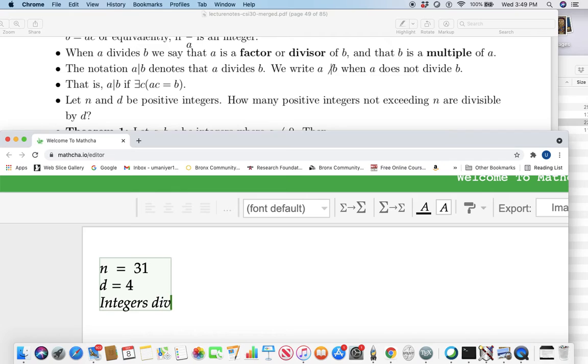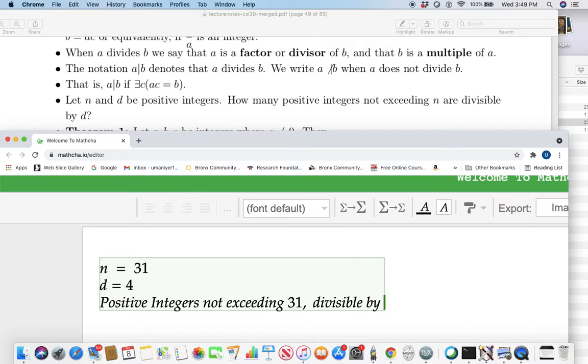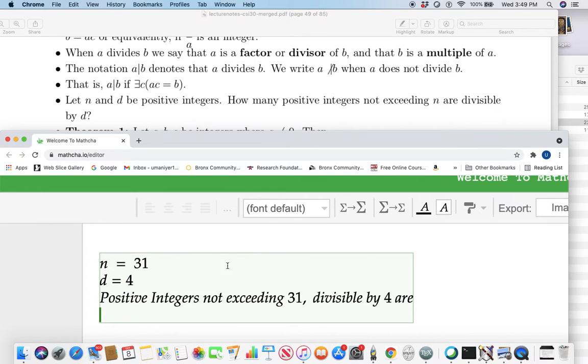Positive integers, right? How many positive integers not exceeding 31 divisible by 4 are, well, who is divisible by 4? 4 is divisible by 4. 8 is divisible by 4. 12 is divisible by 4. 16, 20, 24, 28.